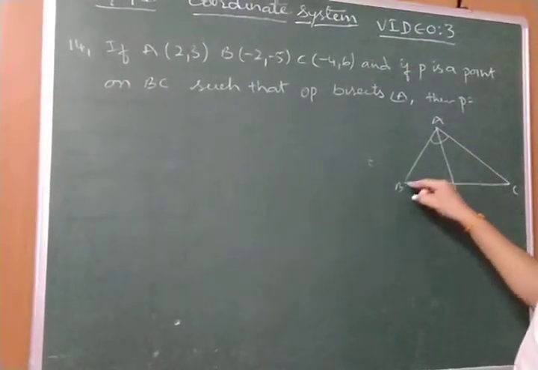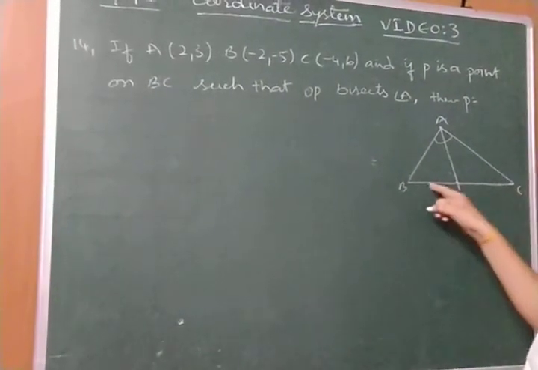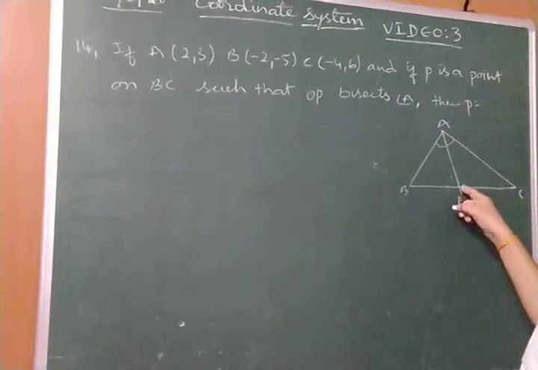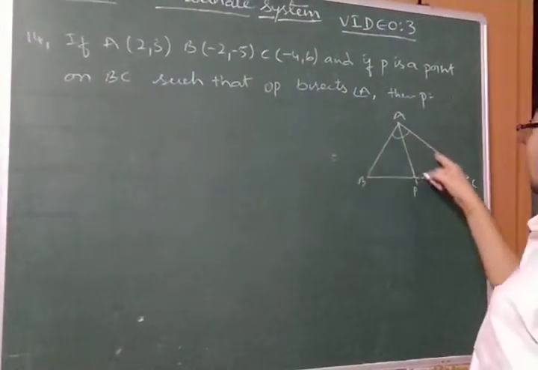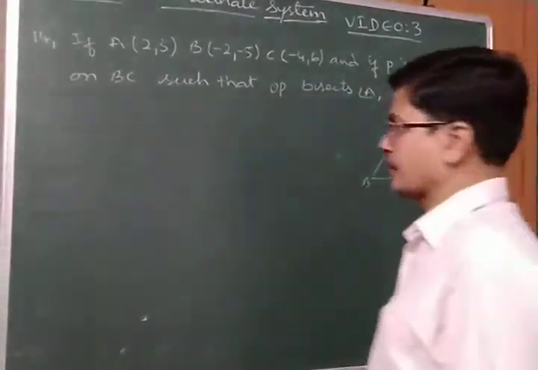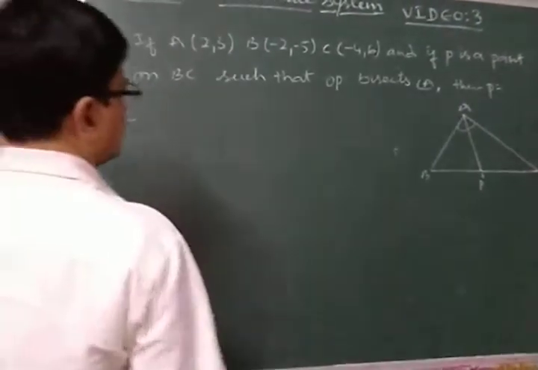The angular bisector meets BC at P, where P divides BC in the ratio BP to PC, which is AB to AC.